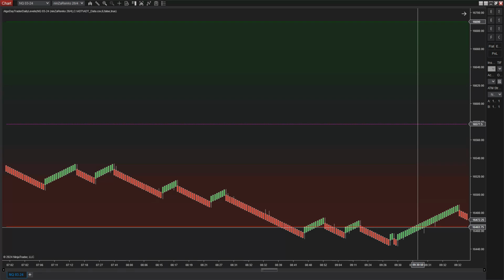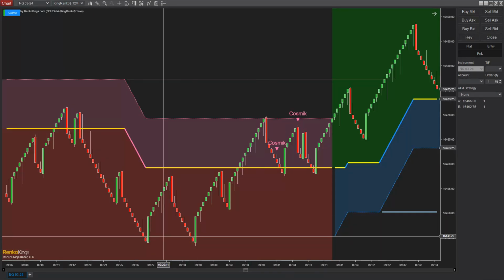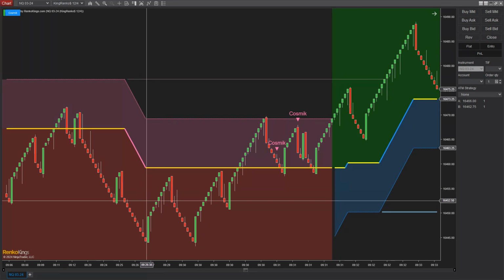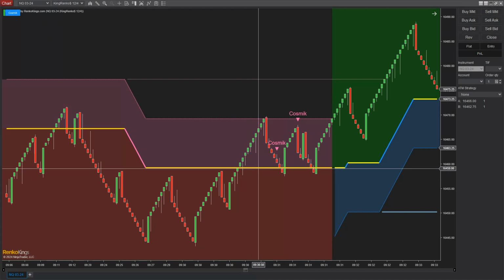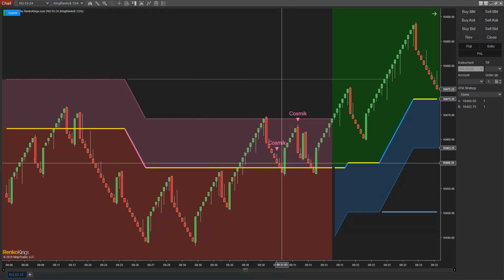So now again, let's take a look at the indicator and see what could have been done using that indicator on the long side. So here is the open. You can see the indicator is showing bearish behavior, and actually we have short trades here.